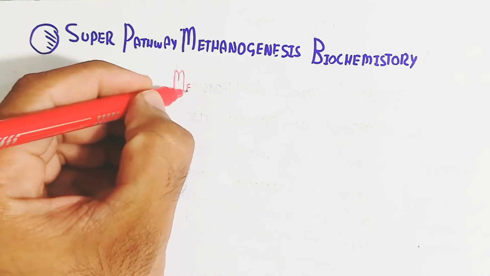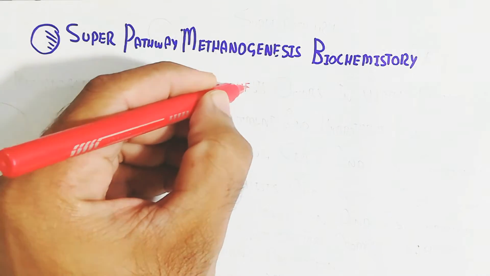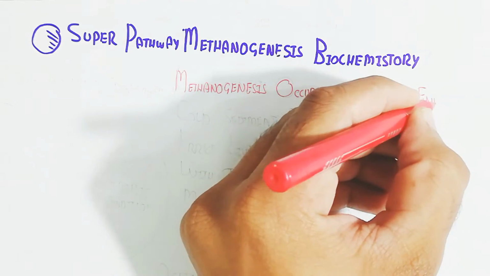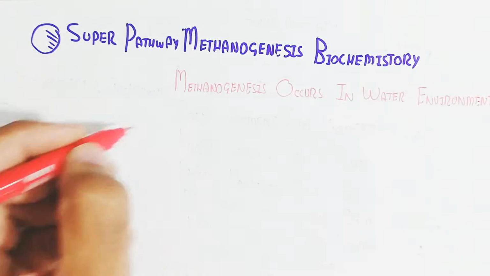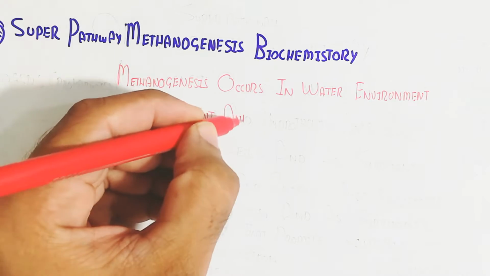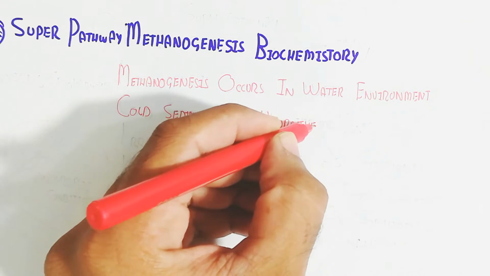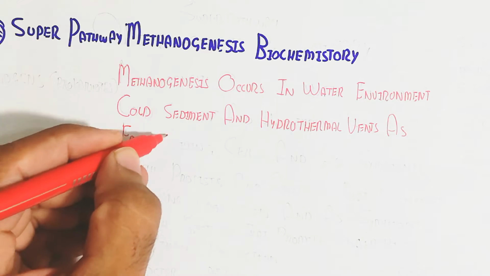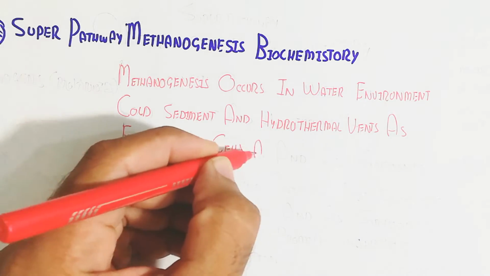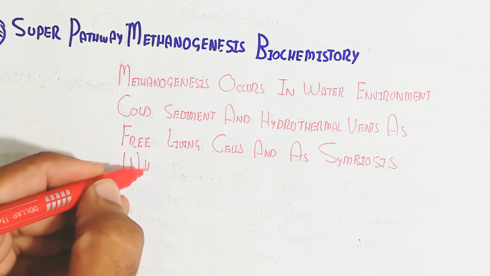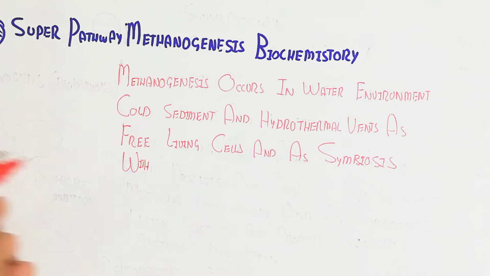Basically, methanogenesis occurs in water environments, cold sediment and hydrothermal vents as free living cells, as symbionts with protists and animals that facilitate methane production, and as symbionts with bacteria that promote anaerobic methane production.